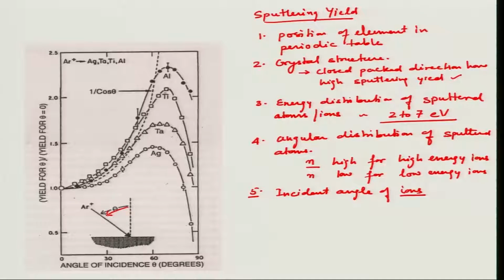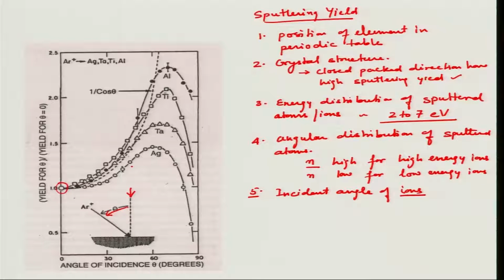This is the yield for theta, and the yield for theta equal to 0 means you are coming straight at the surface or the target. If you are coming straight and your sputtering yield is 1, then if you increase the angle up to around 45 to 60 degrees, your sputtering yield increases. And then it starts to decrease when you are coming at a very acute angle towards the surface.